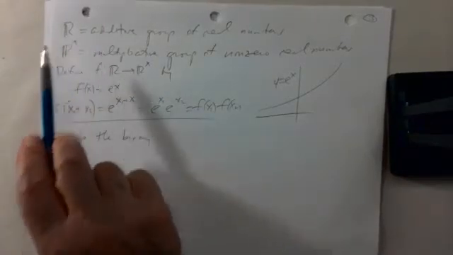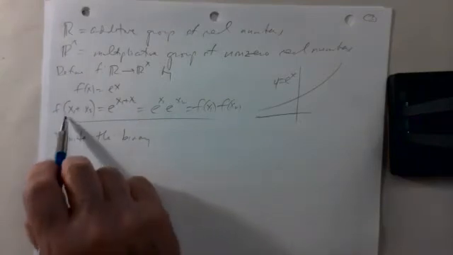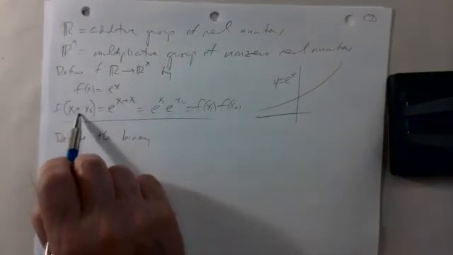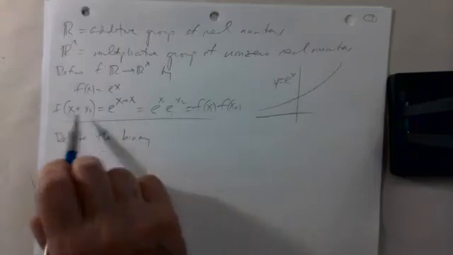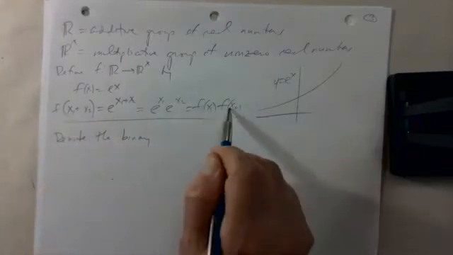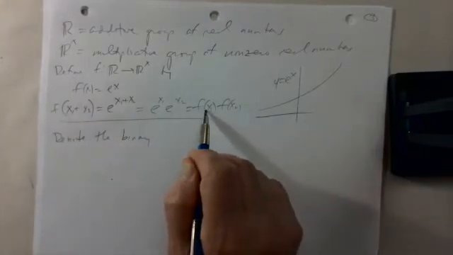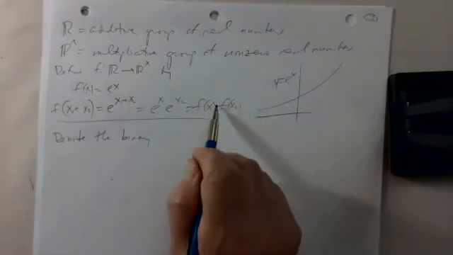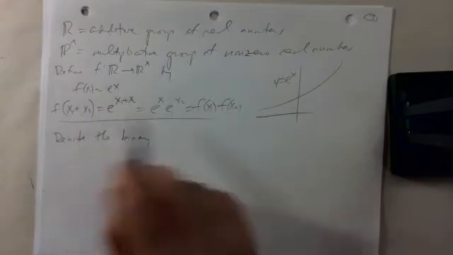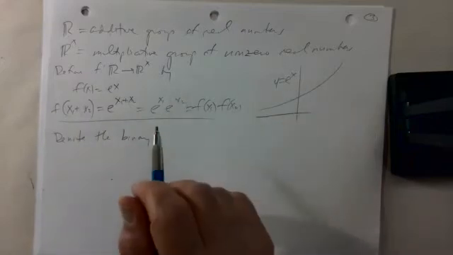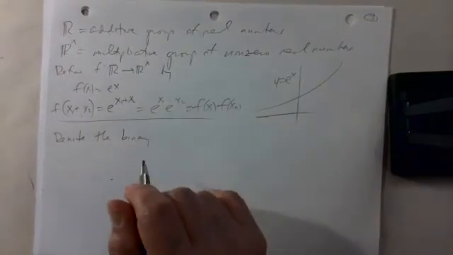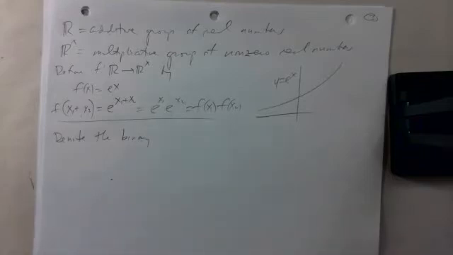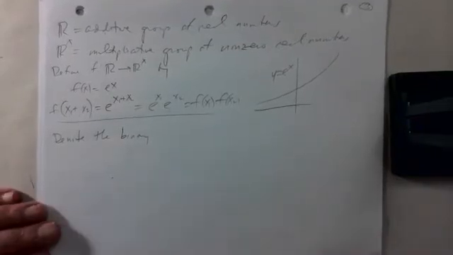If I take two real numbers, x1 and x2, and I operate on them in R, that means I add them and apply f to that, I get this. This is f of x1 in R star, f of x2 in R star, and the operation in R star is multiplication. So this is exactly the functional equation that defines a homomorphism.